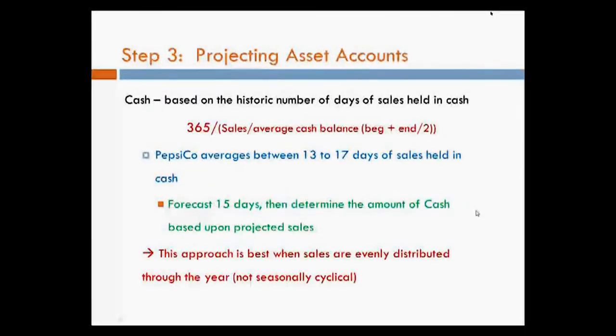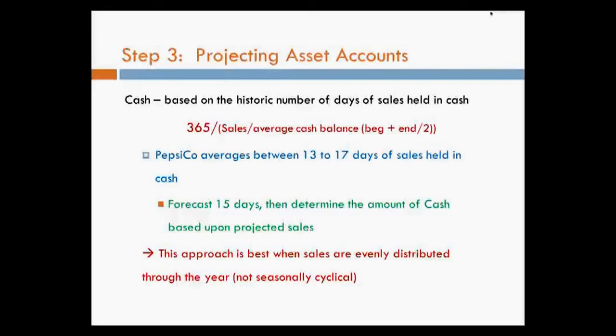Let's start with cash. I did say that at the end of the day, you may use this as a plug number, but you do want to estimate it before you do that. The way you would estimate or project cash is its relationship to days of sales held in cash.